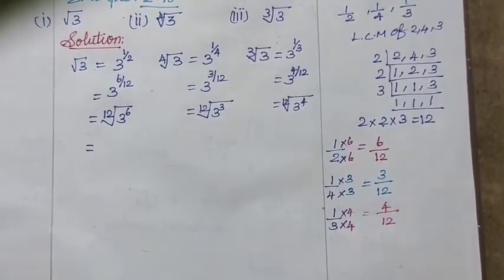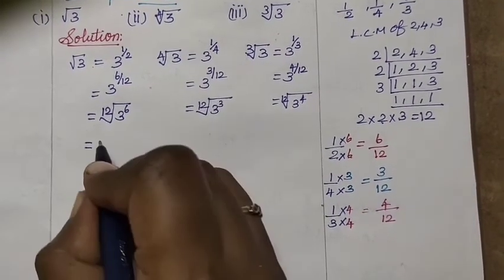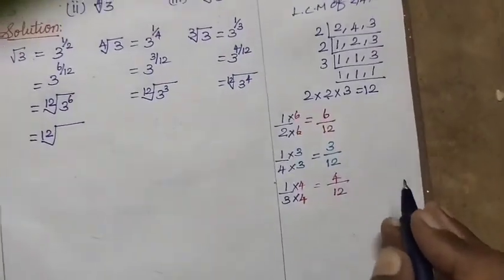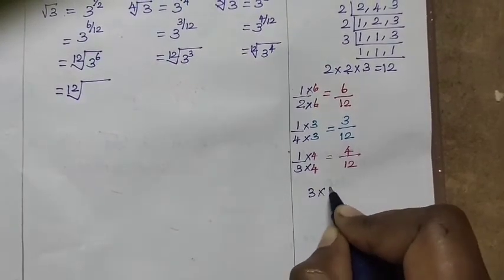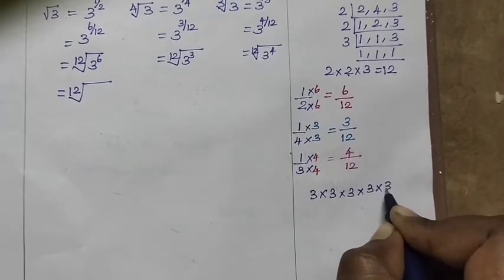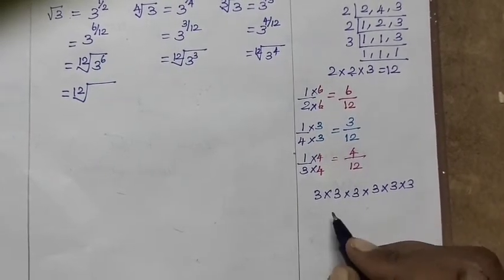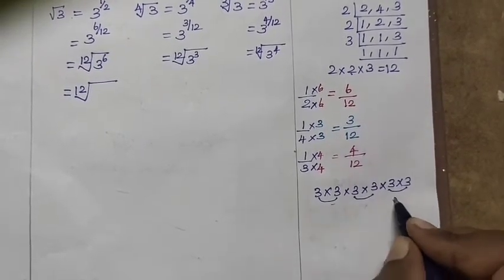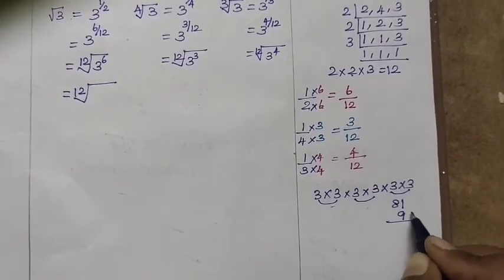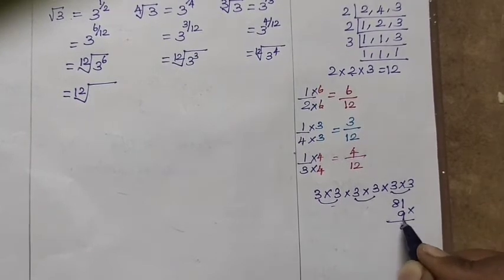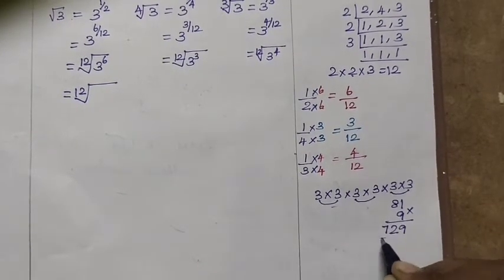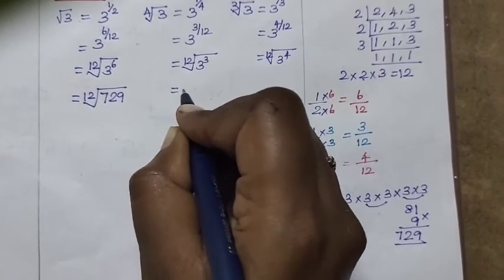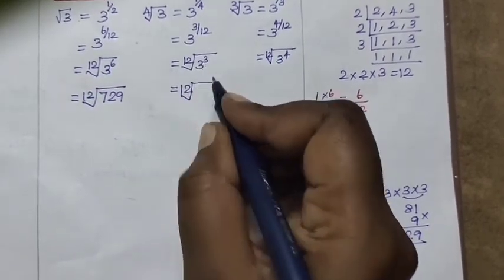Now find the values of these numbers. 12th root of 3 to the power 6 means what will you get? 3 into 3 into 3, 3 into 3 into 3. 6 numbers. 3 3s are 9, 3 3s are 9, 3 3s are 9. 9 9s are 81, into 9. 1 9 is 9. 8 9s are 72. So the answer is 729.